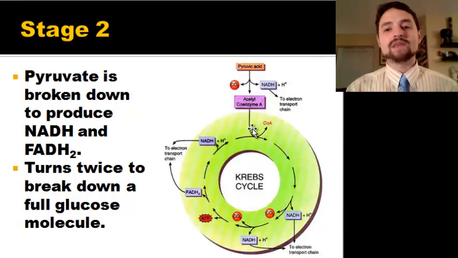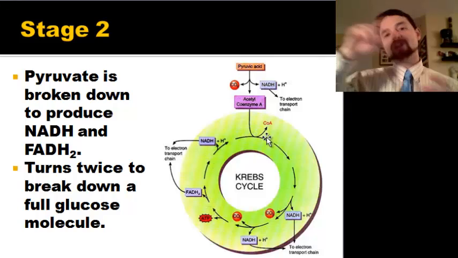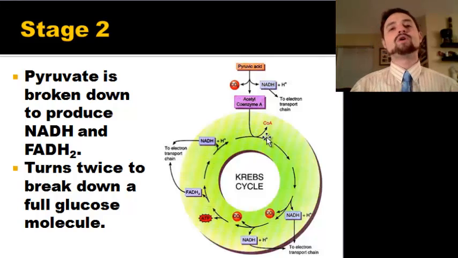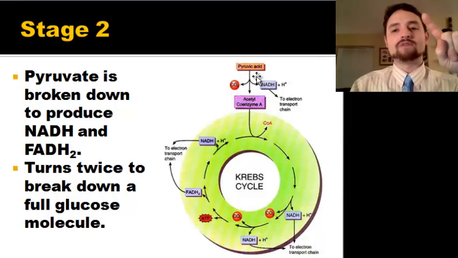So acetyl-CoA then goes into what we call the Krebs cycle, which is in the inside part of the mitochondria, and it will turn like a wheel. And as it turns, it will break carbon dioxides off. So a pyruvate has 3 carbon dioxides. 1 carbon dioxide is broken off as pyruvate comes into the mitochondria and turns into acetyl-CoA.